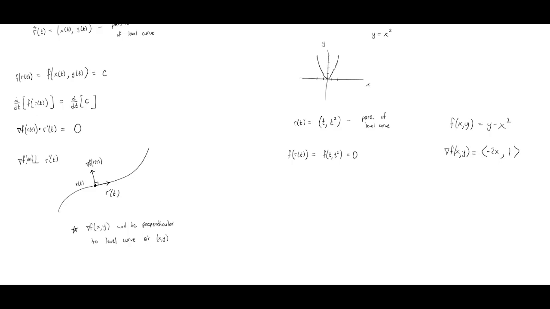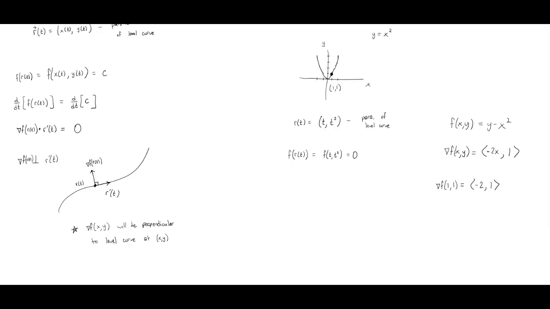Okay. So let me look at this point 1, 1 on our level curve right now. Okay? And I'm going to plug in the point 1, 1 into the gradient. So if I do that, x is 1, so we're going to get negative 2. And this is still 1. All right?